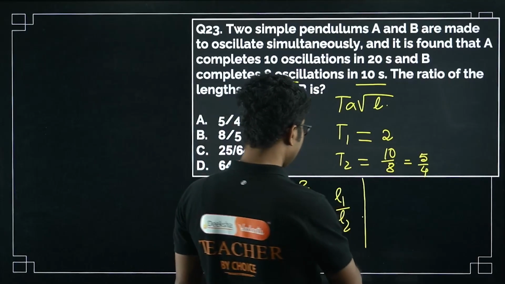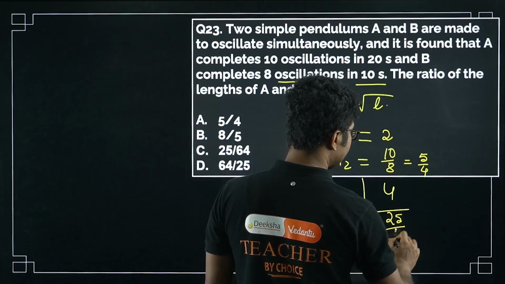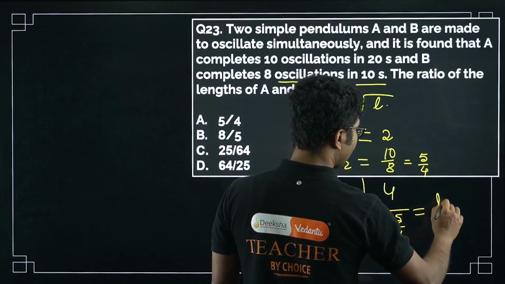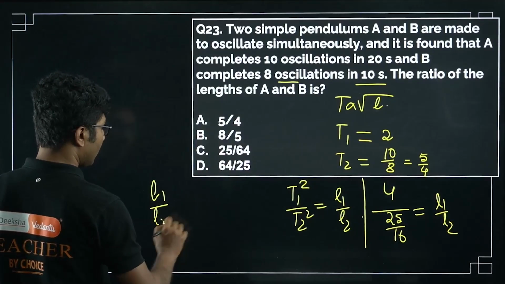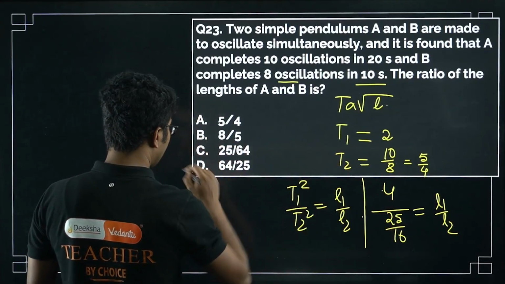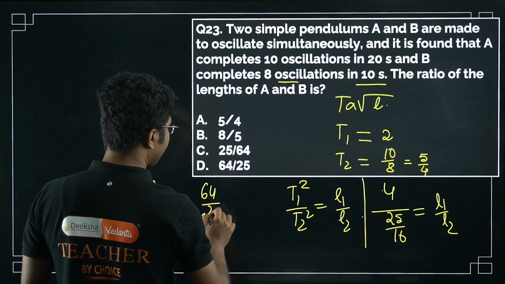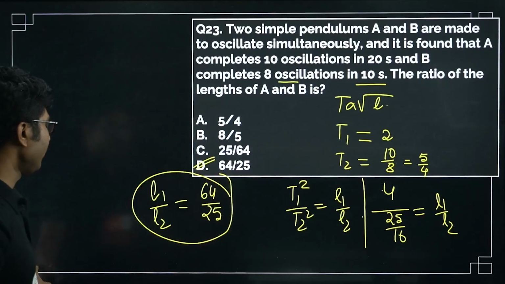So you get T1 square is 4, T2 square is 25 by 16, and that is equal to L1 by L2. So L1 by L2 equals 4 into 16, that is 64, divided by 25. So L1 by L2 is 64 by 25.